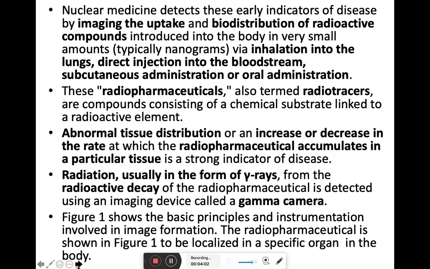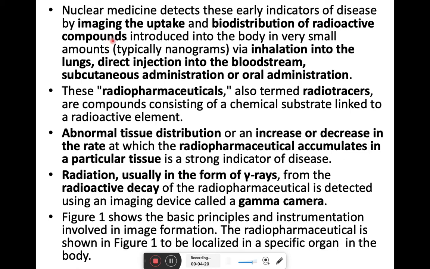So the nuclear medicine can detect these early indicators of diseases by imaging the uptake and biodistribution of radioactive compounds.